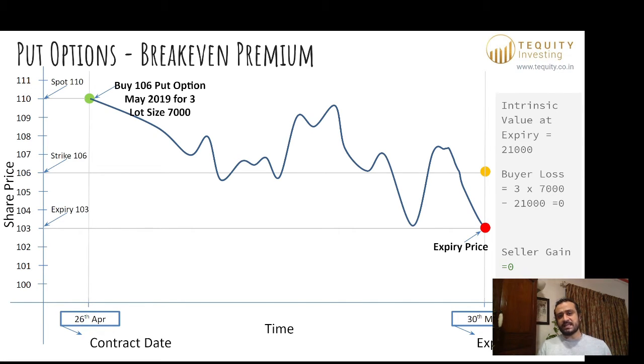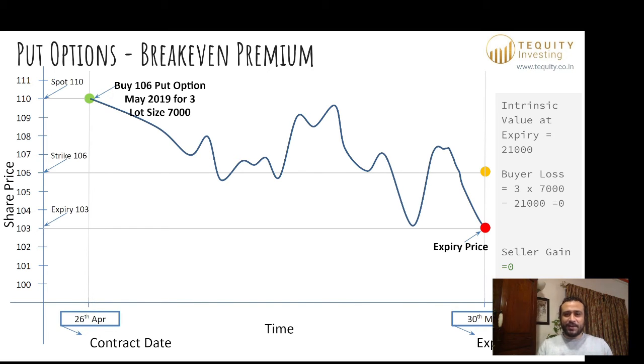So 106 minus 103, 3 rupees is the intrinsic value of the option. But as an option buyer, you have paid 3 rupees premium to have this option. So although 3 rupees is what the seller owes you, because you have paid 3 rupees premium as well, 3 minus 3 becomes 0. So you make no profit and the seller makes no loss. This is the break even point for this particular option.